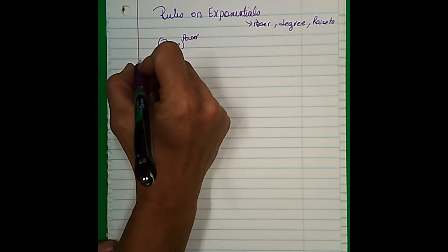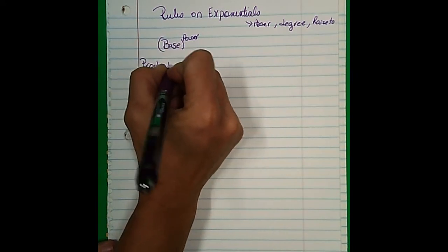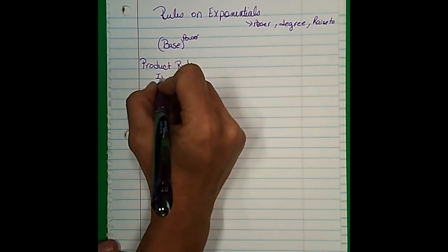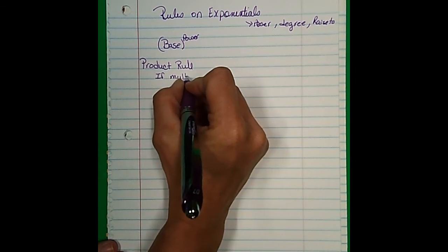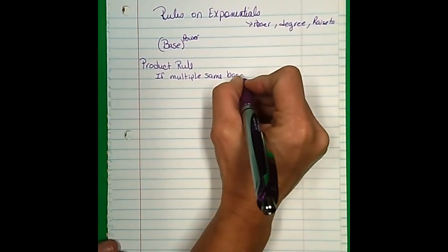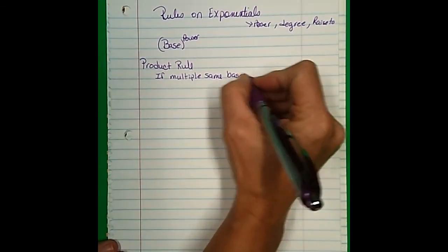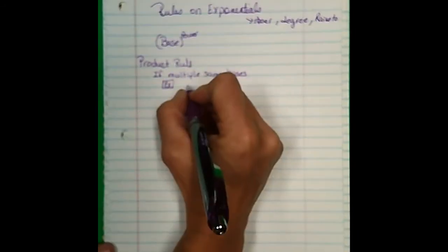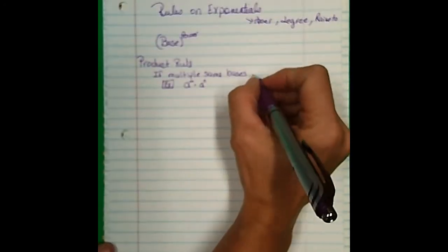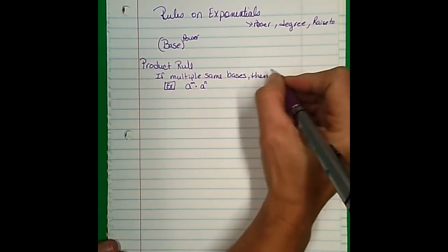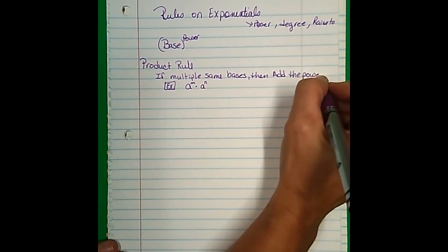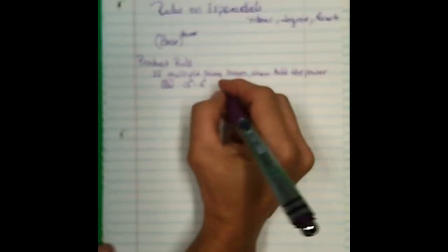So, product rule. If you multiply same bases, for example, you have a to the m times a to the n, then add the powers, or add the exponent, the degree, the raised to, whichever you want to call it.